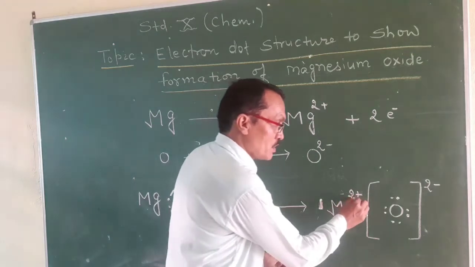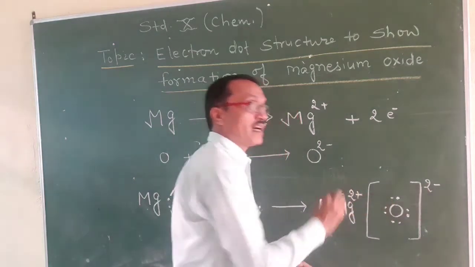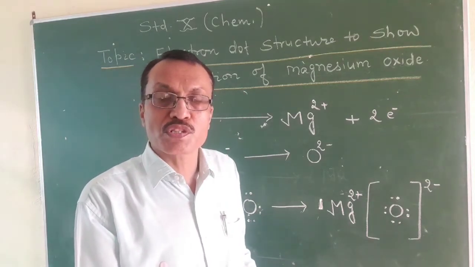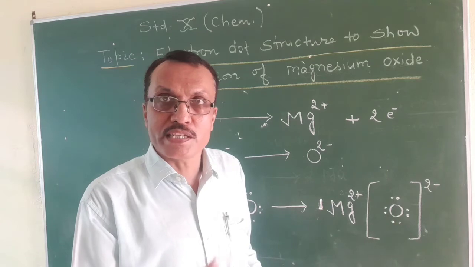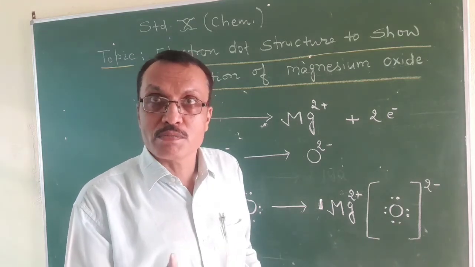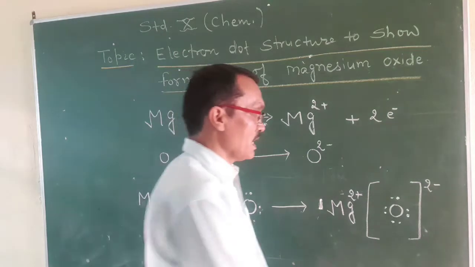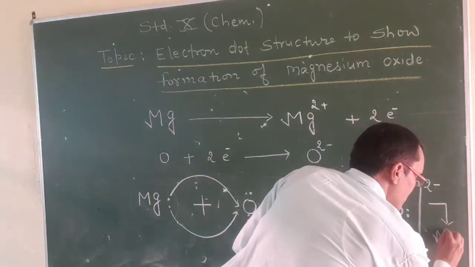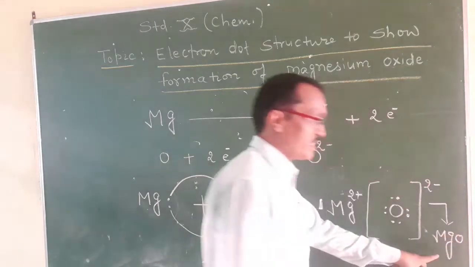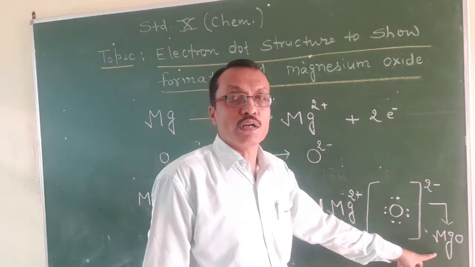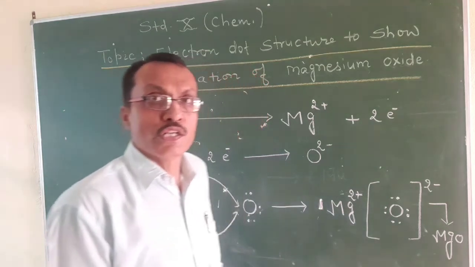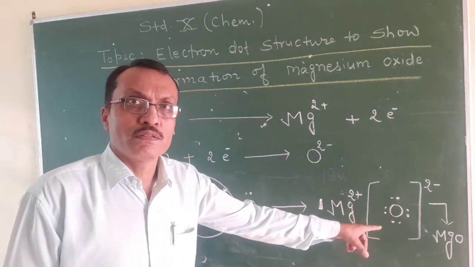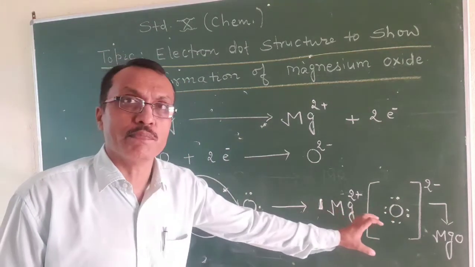These 2 oppositely charged ions create a strong electrostatic force, and that strong electrostatic force holds these atoms together in the compound, and then it becomes MgO, which is written as the formula MgO. So students, this is the electron dot structure for the formation of magnesium oxide.